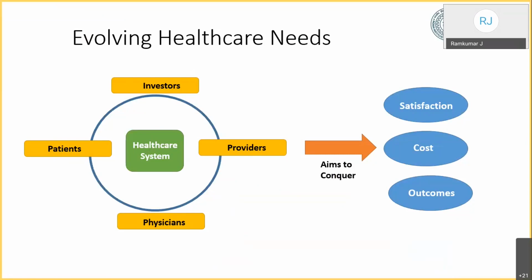Let me put an interesting way of looking into it. We all think the patient is the customer, correct? Let us take a situation where I have a son, or two sons in fact. One of my sons falls sick.